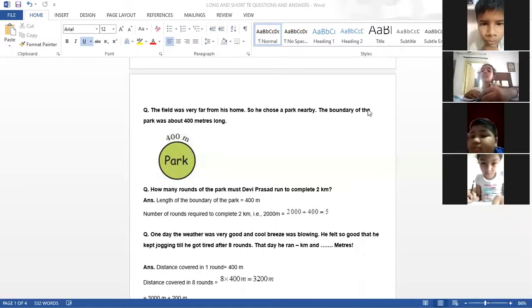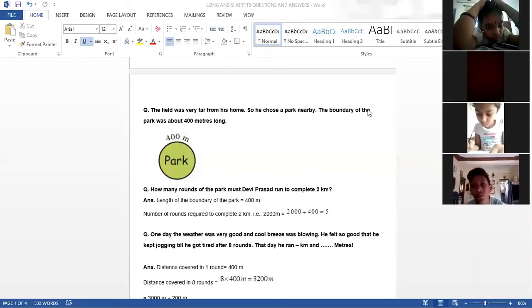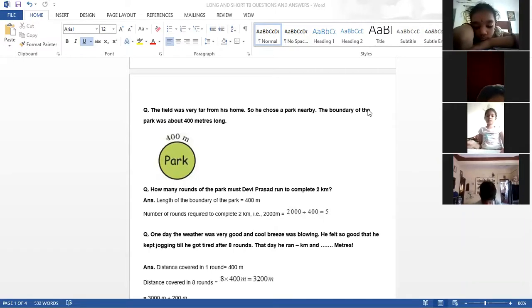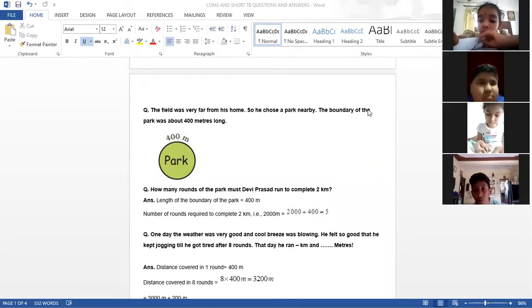How many such rounds are required to cover these 2000 meters? Zeros get cancelled in the division. 20 divided by 4 is 5. So if Devi Prasad covers 5 rounds of the circular park, that will become 2 kilometers.